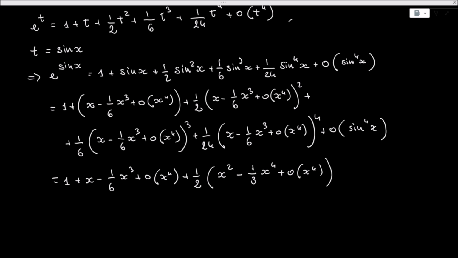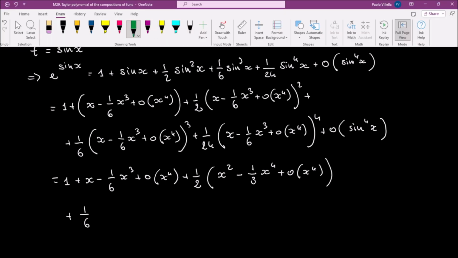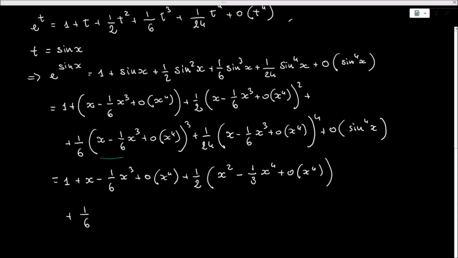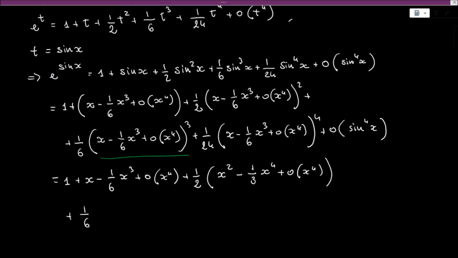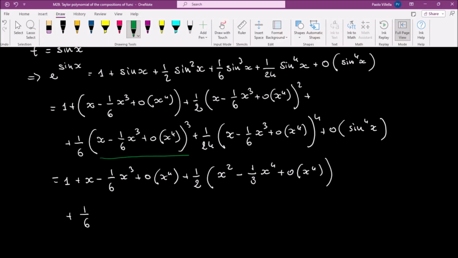And then let's move to the other term, which is 1 over 6. The only thing that remains when trying to develop this cube is just x to the cube, right? Because all the other terms have a power larger than or equal to x to the fifth.